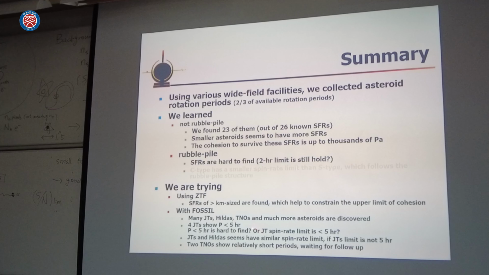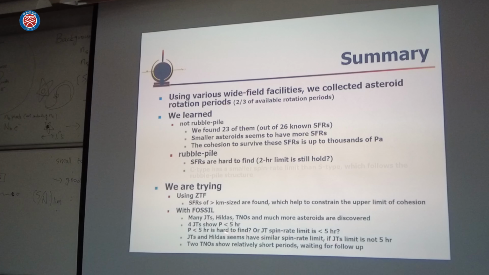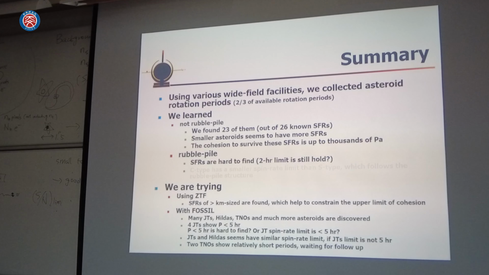And if there is no 5-hour spin rate limit, then probably Jupiter Trojans have a similar spin rate limit with Hildas. And we do find 2 TNOs which look like they spin very fast, and we are waiting for follow-up to confirm their periods.